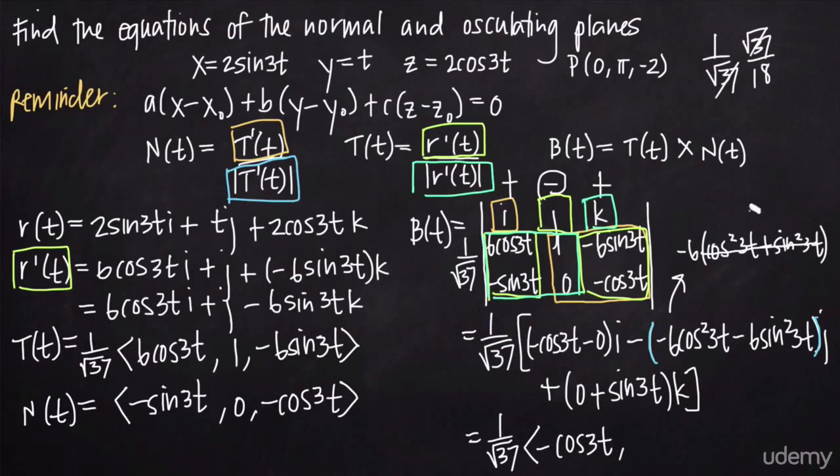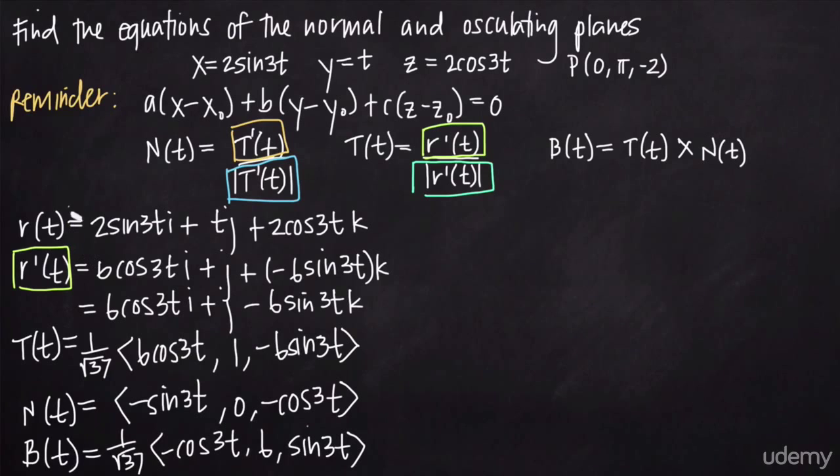This is just going to become 1 here. So this whole thing, everything inside these blue parentheses here, becomes just negative 6. But of course we have a minus right here, minus negative 6, so that'll become a positive 6. So we just have 6 as the coefficient in front of j. And then for the coefficient in front of k, we just have this sine of 3t here. So sine of 3t like this, and this is our binormal vector, capital B of t.